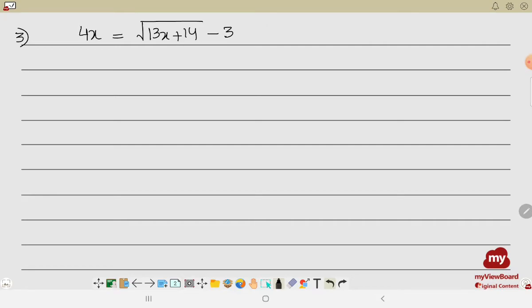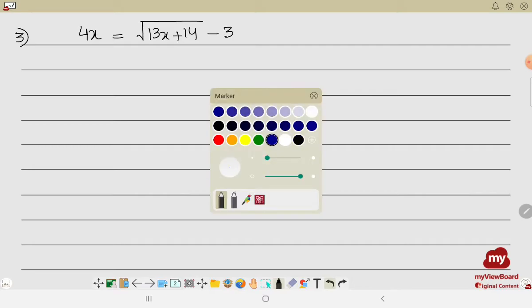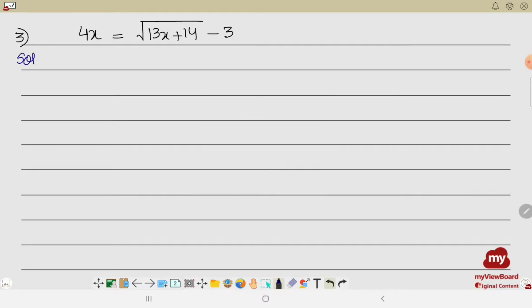To convert it into the standard form of radical equation of type 1, we'll do a minor rearrangement. We'll take this minus 3 to the other side of the equation, so we'll have just one radical term on the right hand side. That way, if we square both sides in the very first step, we can easily get rid of the radical sign.